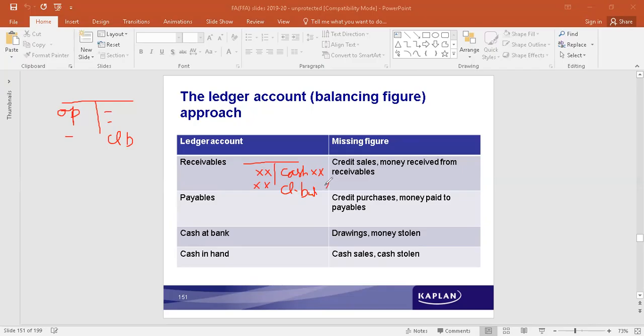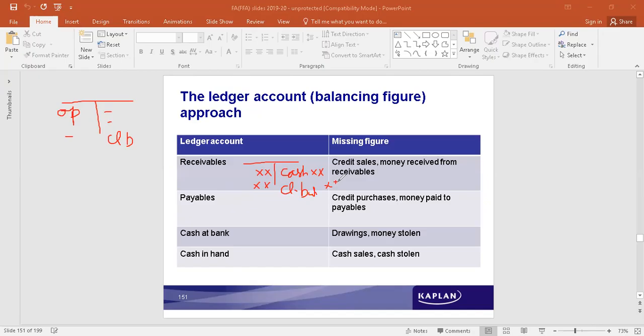This is one way. Similarly, payables or cash in hand, cash at bank. As the known transactions are posted into the ledger accounts, anything which is not known or missing figure becomes possible to be identified. If the cash account is prepared, what cash balance did they have, on account of what transaction did they receive money, that will become the total cash balance available.